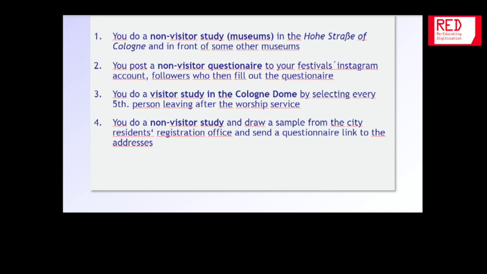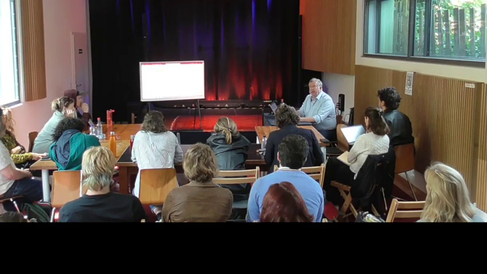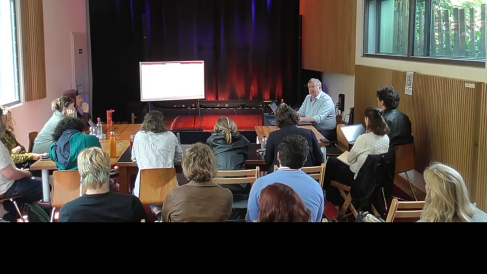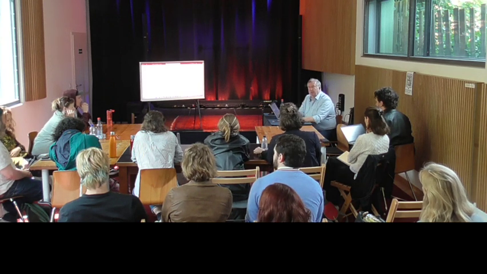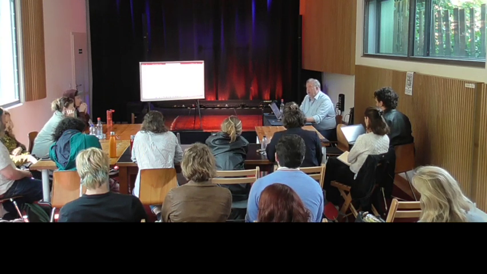For your Instagram audience. Pardon? For your Instagram audience. Yes, for the Instagram audience. Subscribers. Maybe subscribers. Maybe people who just passed by per chance. They just Googled and came to your Instagram account or whatever. So here you cannot name what is the population behind.